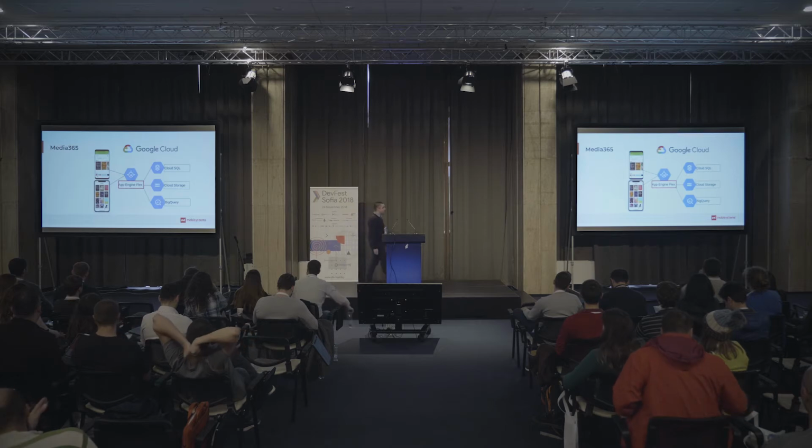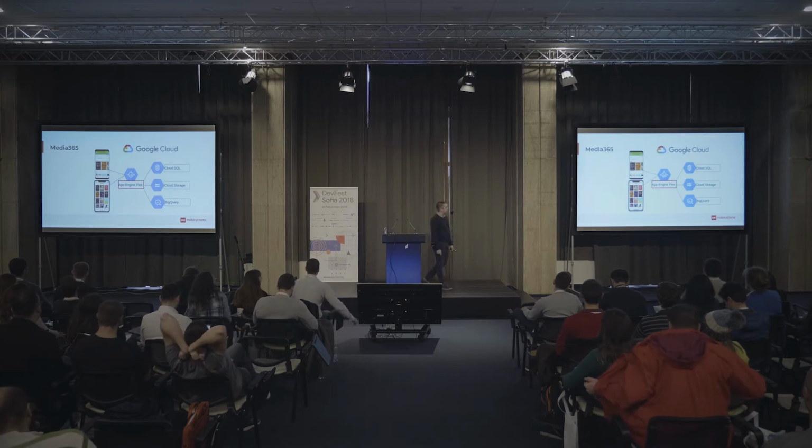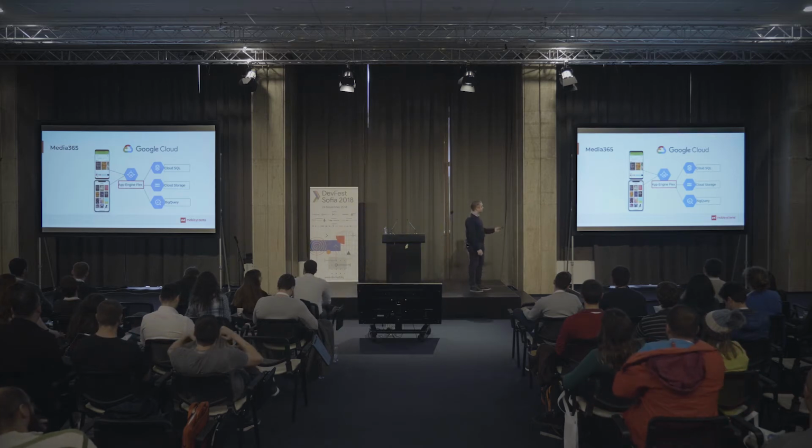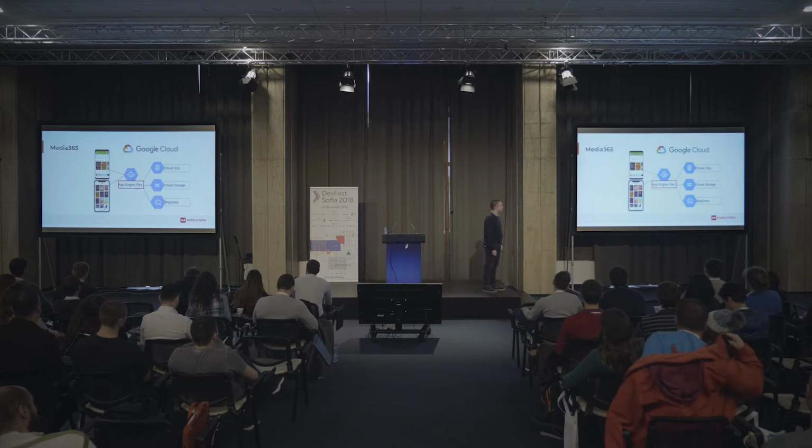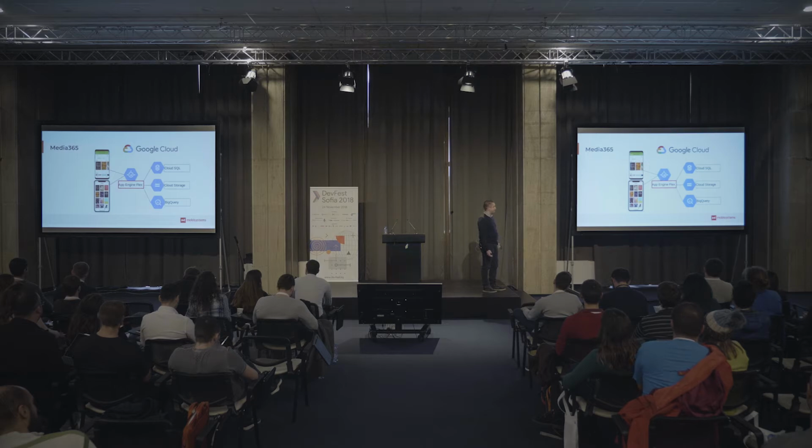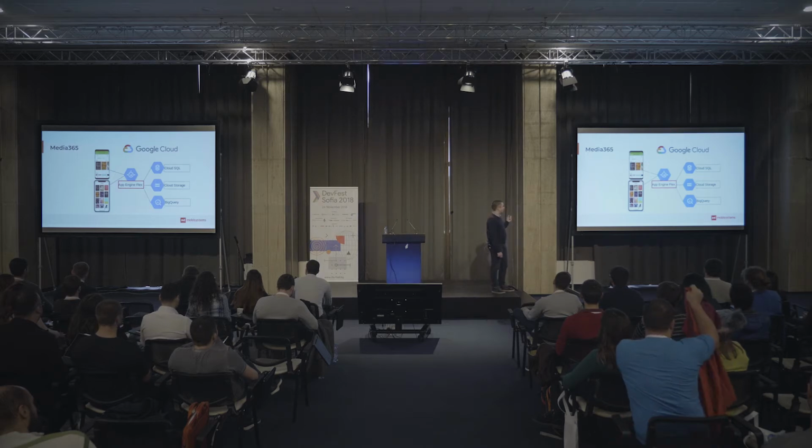This is spoiler alert. This is how our application looks right now. So we have Android and iOS applications. They both talk to the monolith web, which is happening via API, but also with web views.